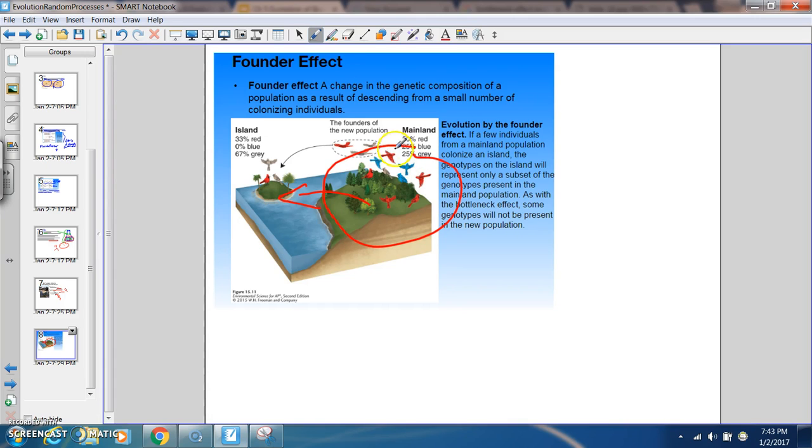That founding population is only a subset of the original population. So the genotypes on the island will represent only a subset of the mainland population. And as with the bottleneck effect, some of these genotypes will not be present in the new population. So that is the founder effect.